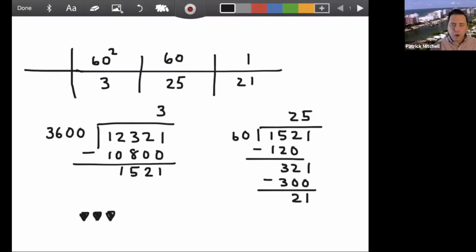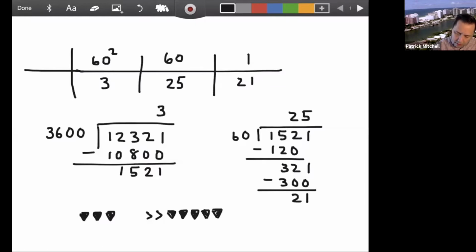So the way you write 25 in Babylonian is with the 2 symbols like this that represent tens, and then 5 of the triangles. Babylonian numbers do take up a bit of space. Okay, and then finally 21, skip a space and write down 21.